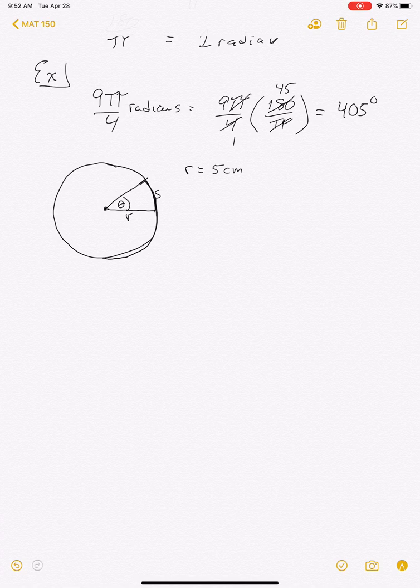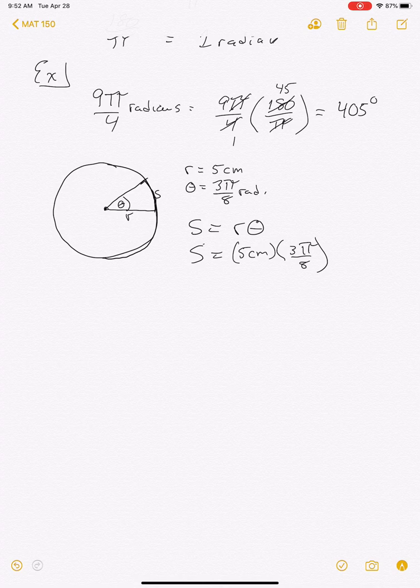So if the radius is 5 centimeters and the angle is 3 pi over 8 radians, then S is equal to r theta, where theta has to be measured in radians and r is the radius of the circle. So S is equal to 5 centimeters times 3 pi over 8 radians, which is 15 pi over 8.